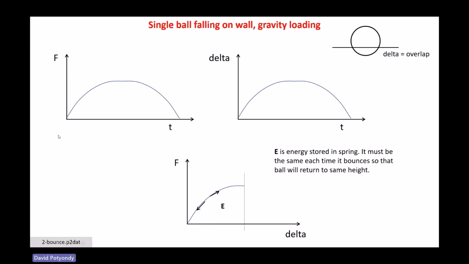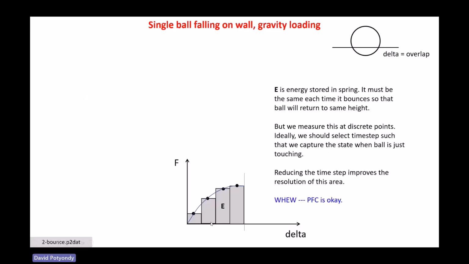Now, if you actually resolved this collision with an infinite number of points where it traced this out, this is the energy stored in the system. But notice, based on our time step, we're sampling here, then we're sampling here, then we're sampling here. Okay.